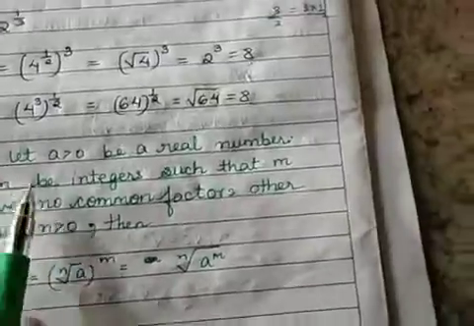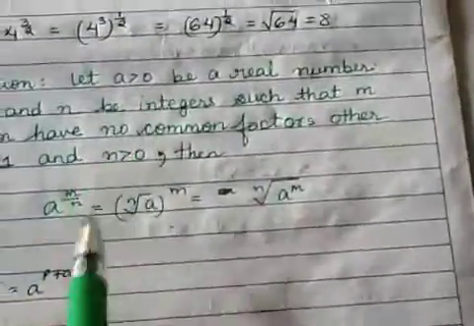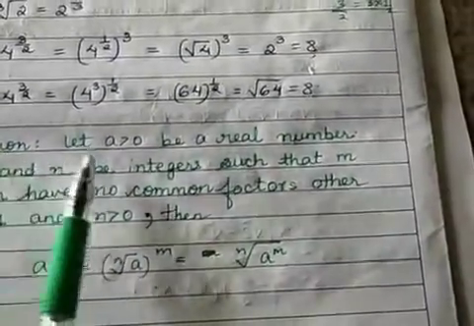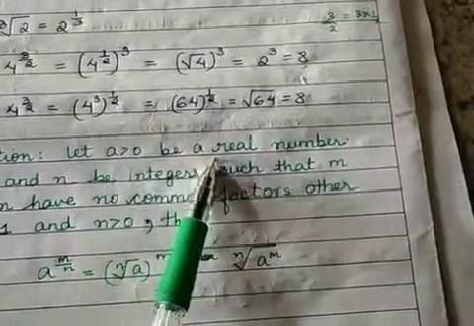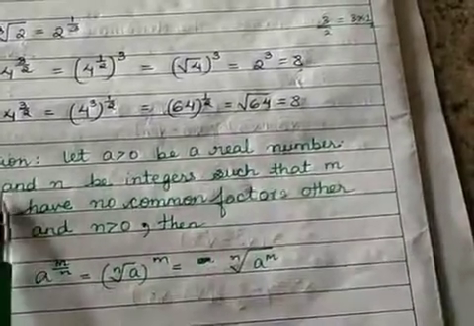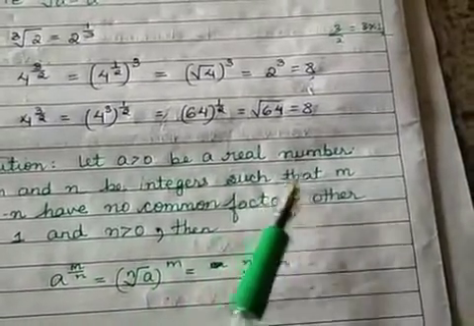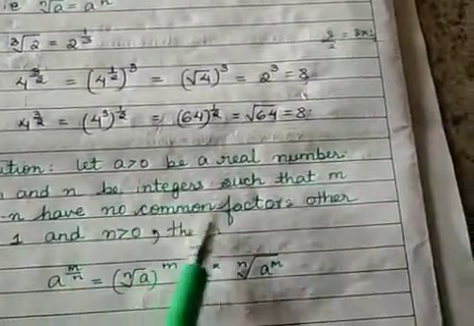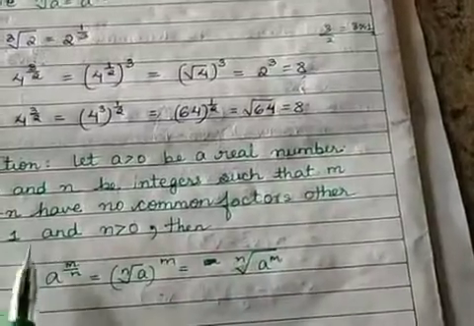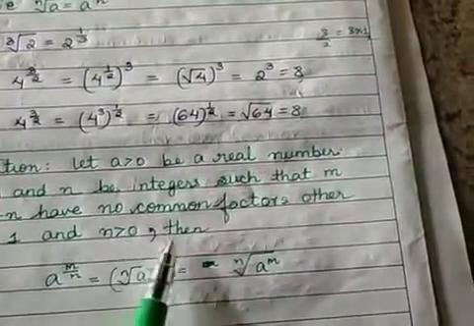Now let us see the laws of exponents. Let a greater than 0 be a real number and let m and n be integers such that m and n have no common factors other than 1 and n is greater than 0.